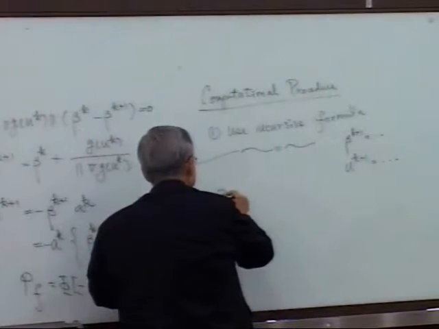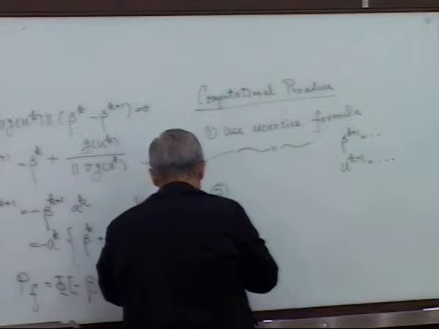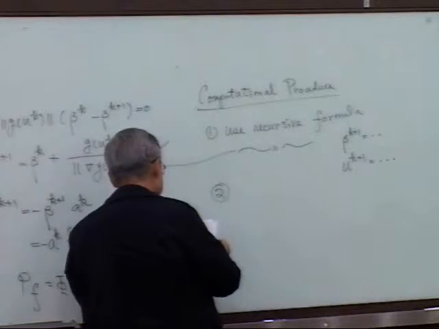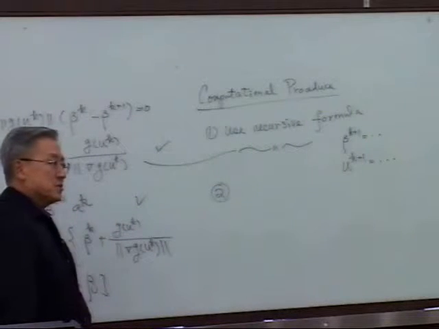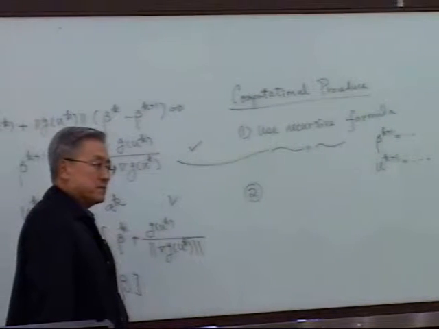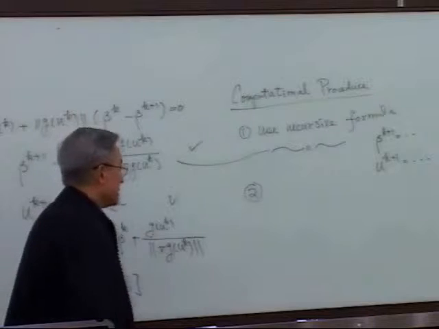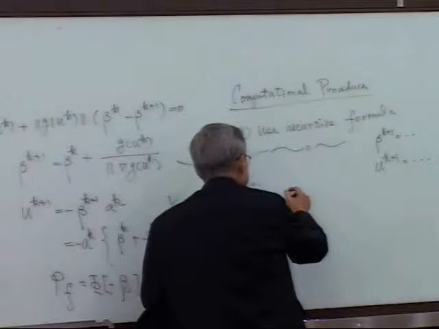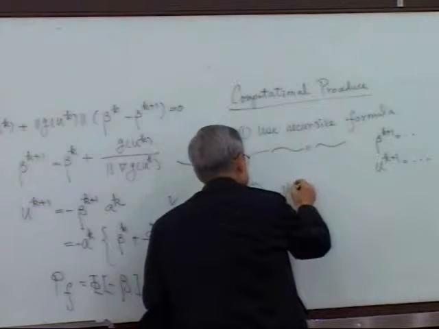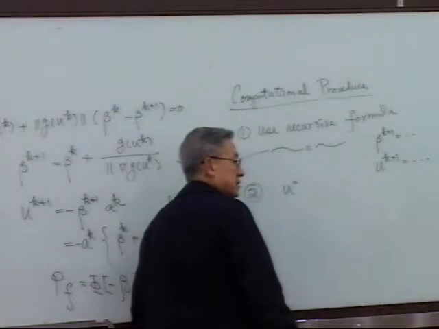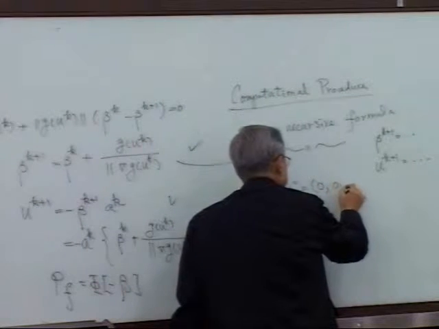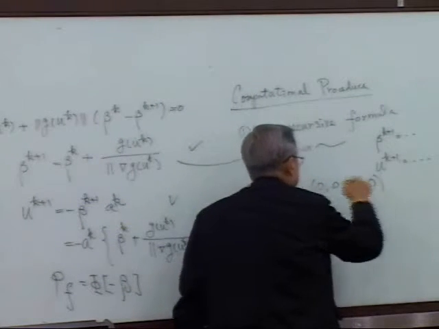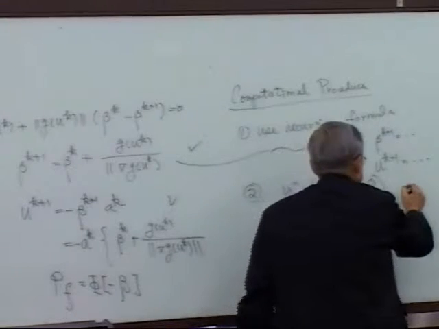Then at the beginning, you have to assume initially the u value, which is multidimensional, of course. If it's two-dimensional, assume u naught at the beginning. If it's multidimensional, usually you can assume everything is 0.